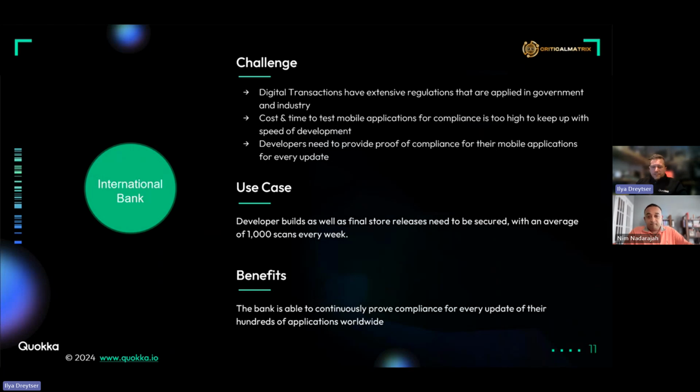So typically in this industry, anytime anyone has a mobile app, you're required to have a pen test, and that pen test takes a few weeks and is essentially a point in time test. And so the banks, when they look at testing their own apps, they can buy a pen test, they can work with a service, they can use services like Quokka to discover vulnerabilities in their own apps.